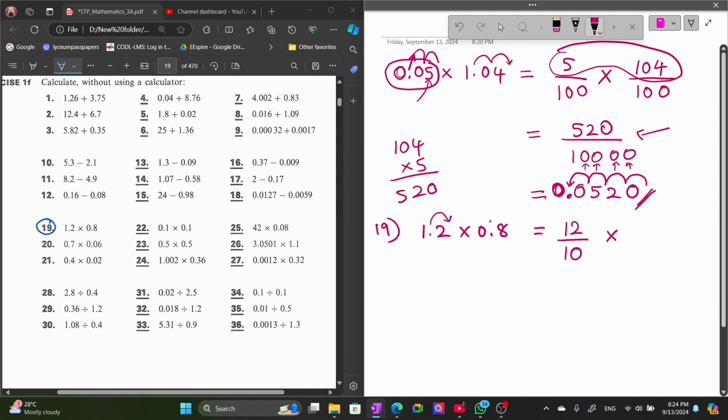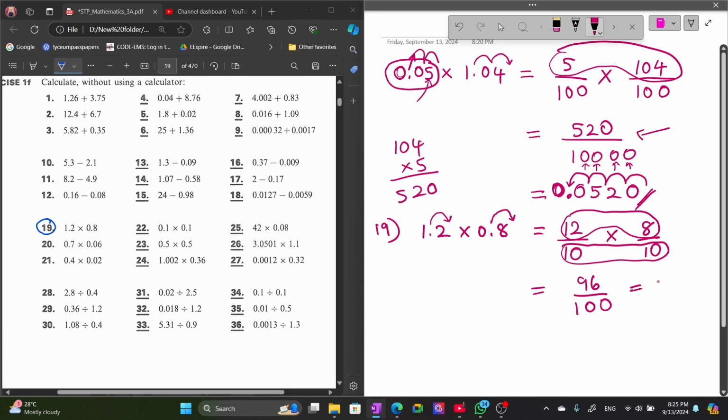Now the decimal point here; we can make this a whole number by taking the decimal point to the right one place. Then we get 8 over 10. Now, simple fraction multiplication. Multiply these two, put it in the numerator, 96. Then 10 times 10, these two multiplied, put it in the denominator, 100.